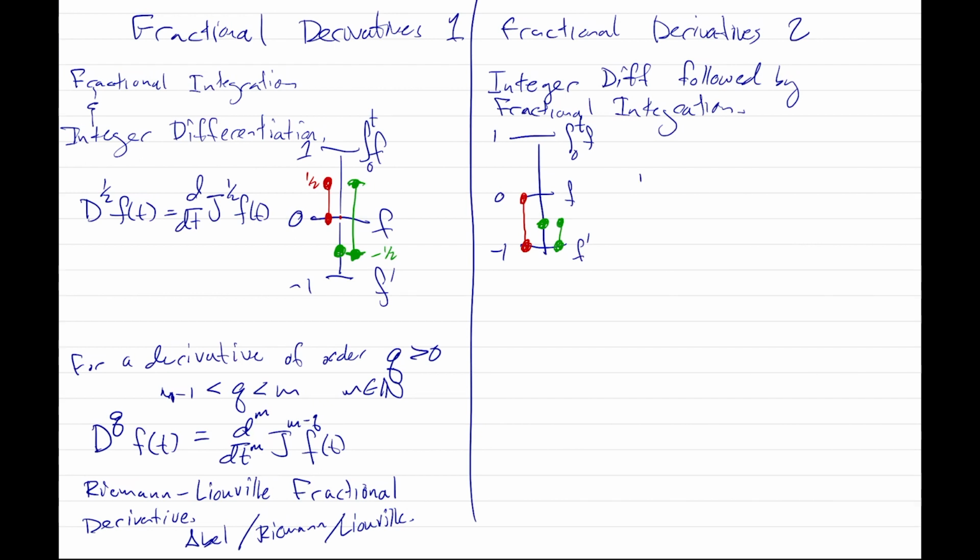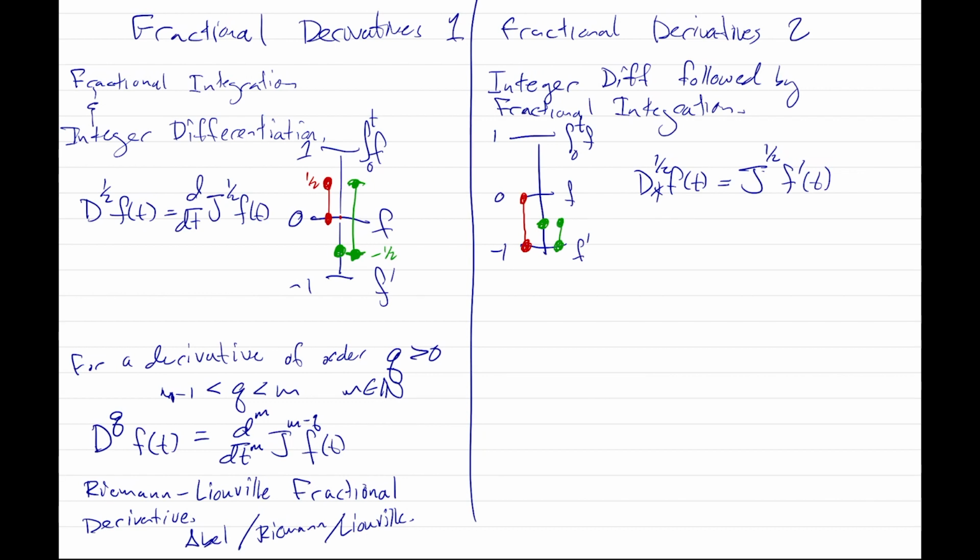So what does this mean? I'm going to say d star to distinguish it. The 1/2 derivative d star of f of t is equal to j to the 1/2 of f prime of t. And that is the Caputo derivative. First we take the integer derivative, and then we integrate it fractionally.